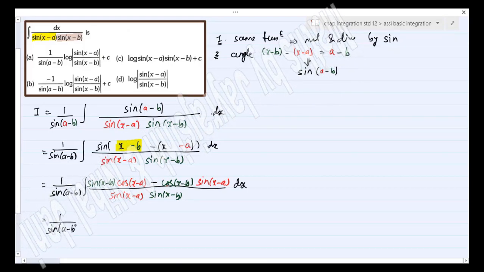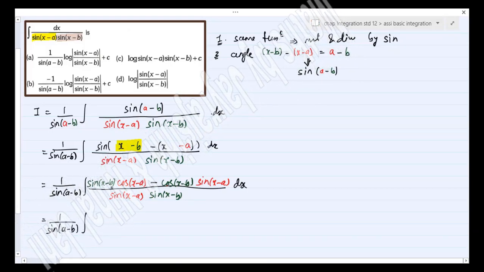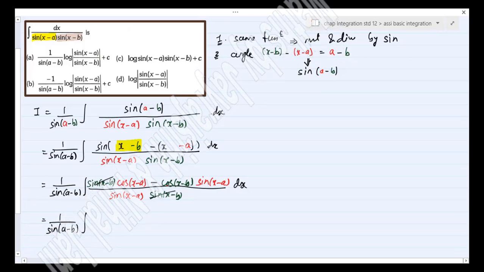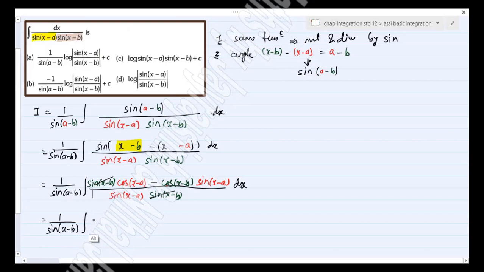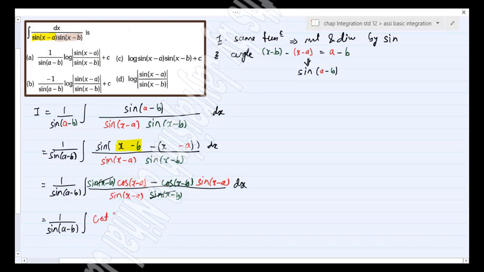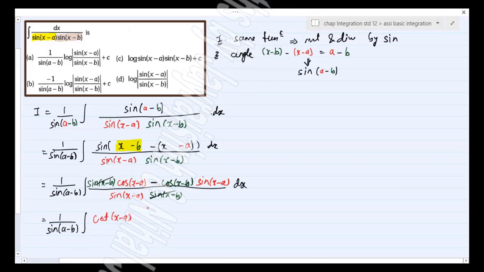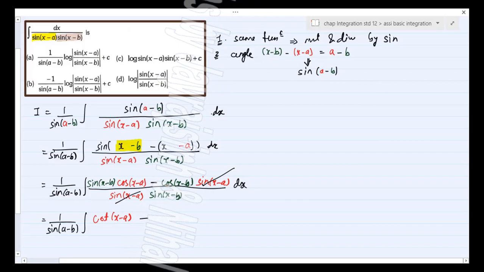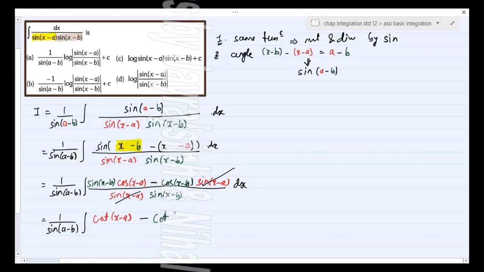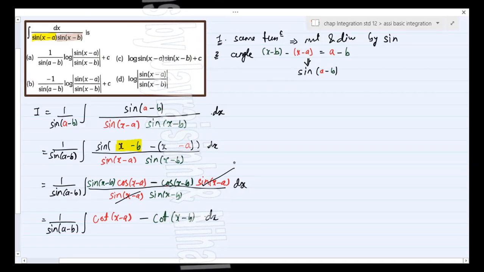Let's give individual denominators. In the first term, your sin(x minus b) will cancel out and we will get cos upon sin, or we can say cot(x minus a), minus, in the second term your sin(x minus a) will cancel out and we will get cos upon sin, or we can say cot(x minus b), dx.